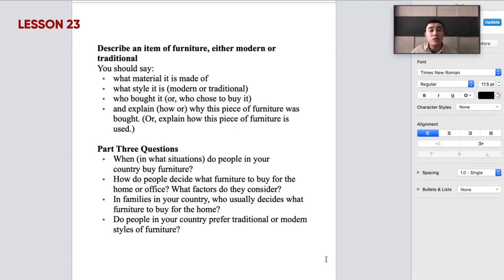Okay, how do people decide what furniture to buy for the home or office? What factors do they consider? Here you can talk about interior design, or you can talk about comfort, or let's say the general hospitality of people in your country.